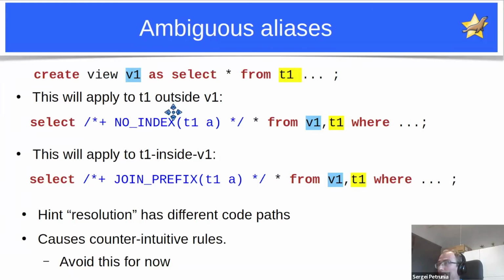And here the rule becomes so convoluted that no index hint will apply to the t1 that is outside the view. While the join prefix hint, if you look, there's t1 here.